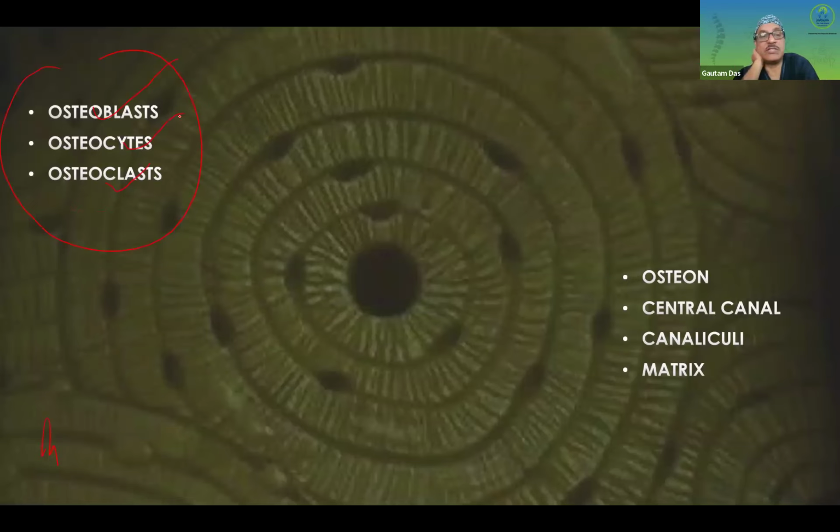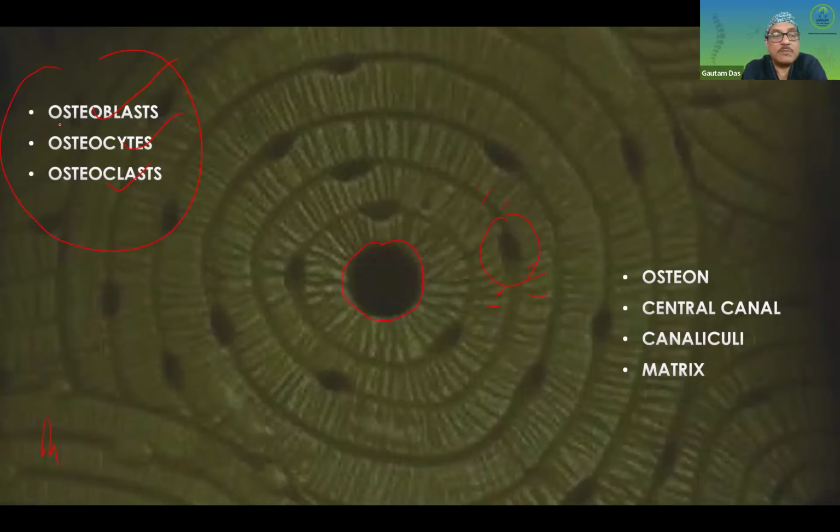I'll be discussing these three types of cells, and the unit of the bone is the osteon. This whole thing you can see in the background of my PPT is an osteon. It has a central canal where the blood vessels and the nerves run. The canaliculi are where the osteocytes are sitting. The matrix, the bone area, and dendrites run through these small areas. Osteocyte is a very special cell which has different dendrites that are basically sensing.